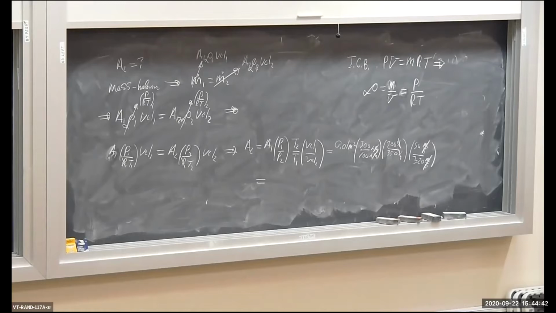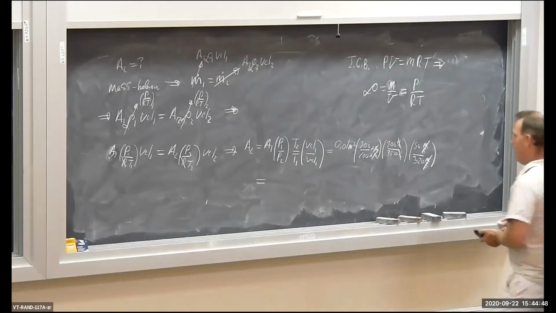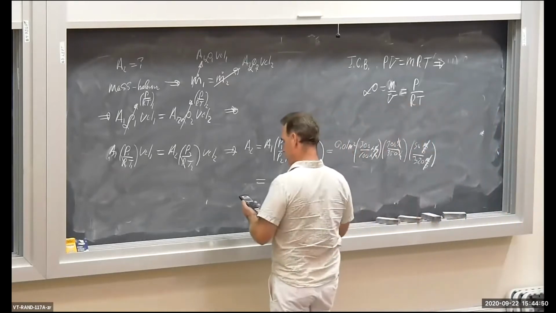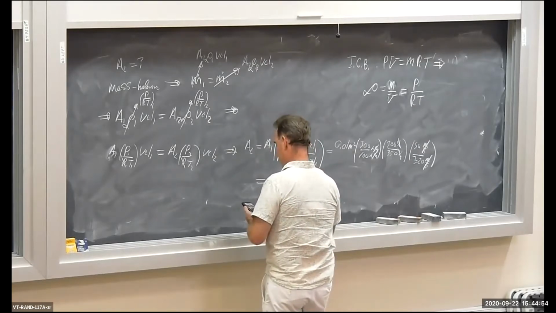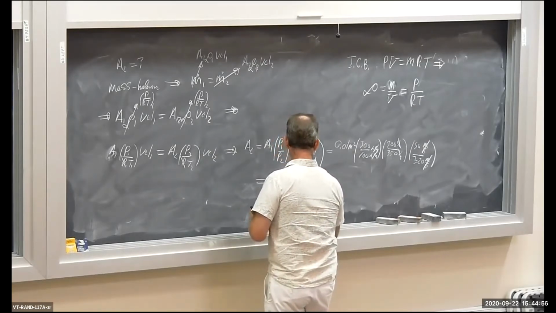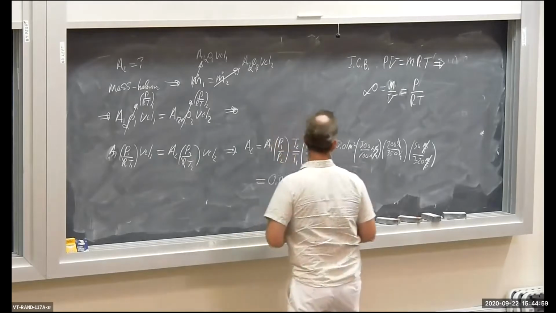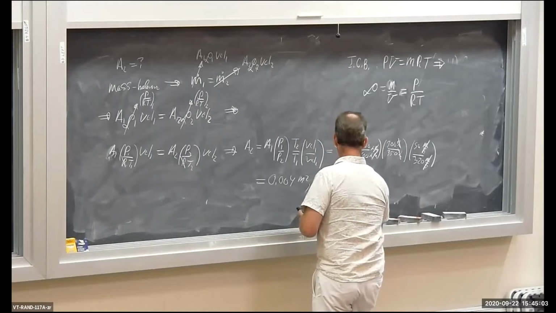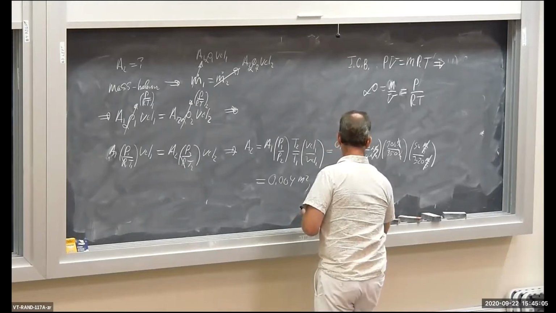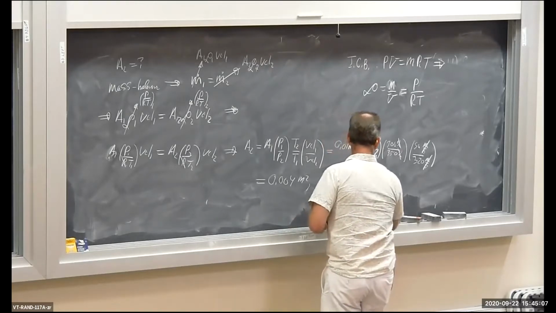And then I have 50 divided by 320. And I get 0.004 meters squared. So the outlet flow area, A2, is 0.004 meters squared.